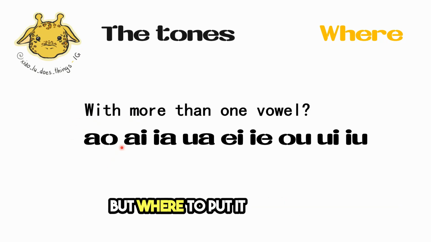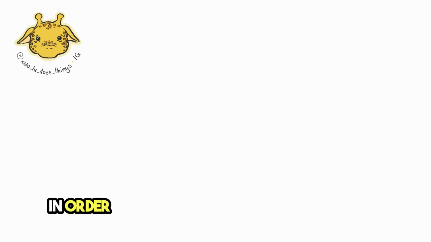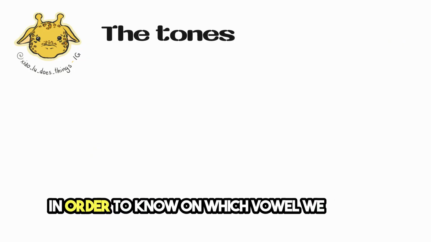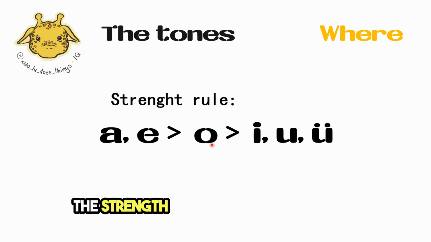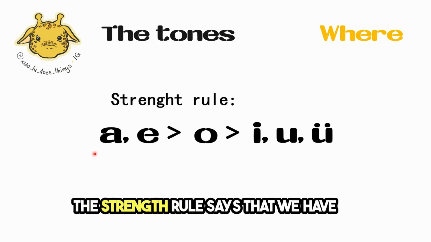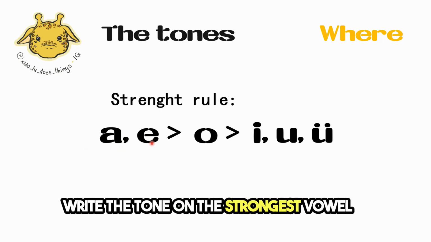But where do we put it if we have more than one vowel in a syllable, so a group of vowels? In order to know on which vowel we have to write the tones, we have to follow the strength rule. The strength rule says that we have to write the tone on the strongest vowel.